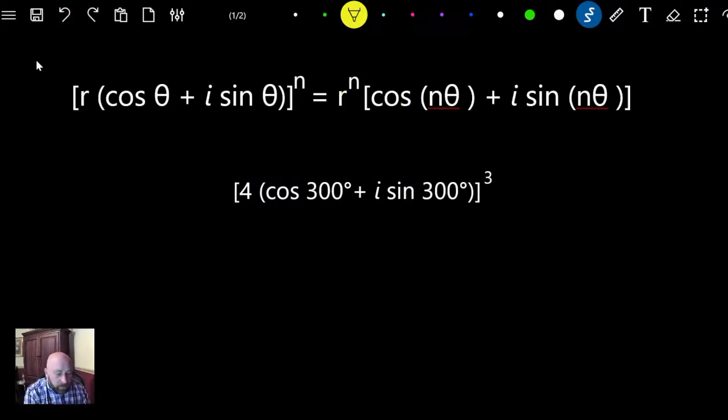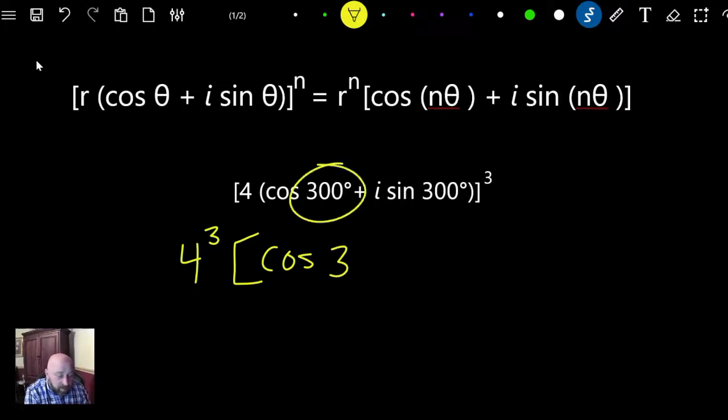All right, so let's go ahead, and our r is 4, so we're going to start with 4. Our n is going to be 3, so we'll put 3 here, and then we'll have a bracket, and then we're going to write the cosine of n theta. All right, what is n theta? Well, there's our n right there, so we're going to say 3 times theta. Well, what's our theta? In this case, our theta is 300.